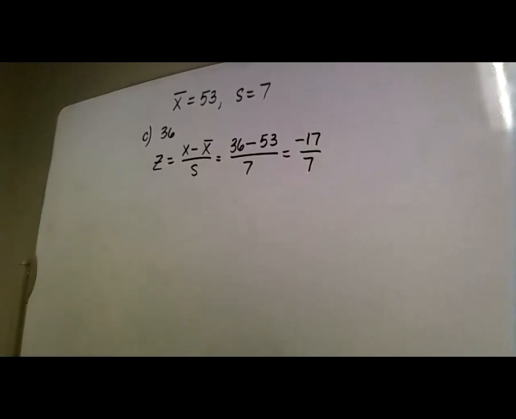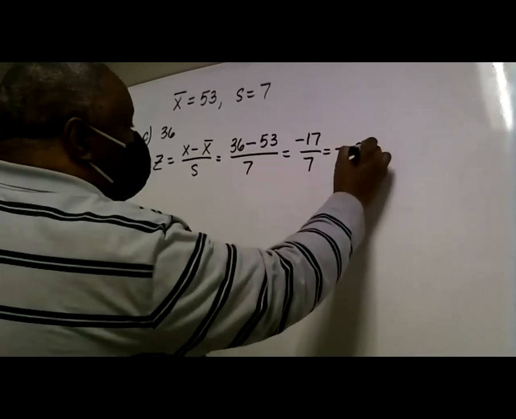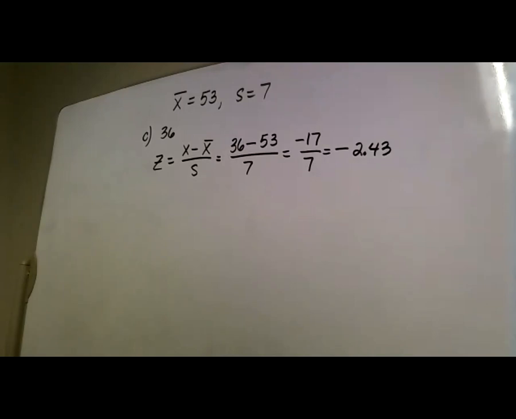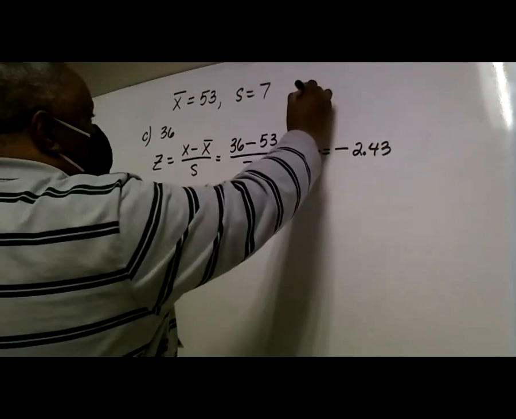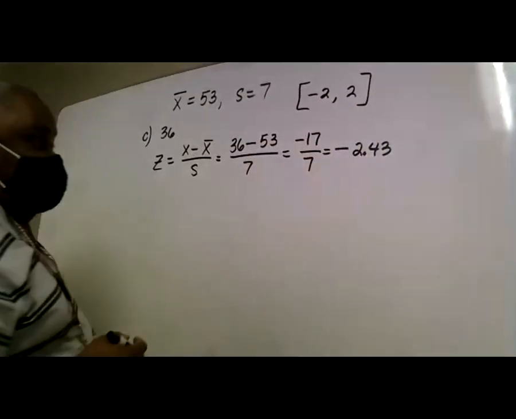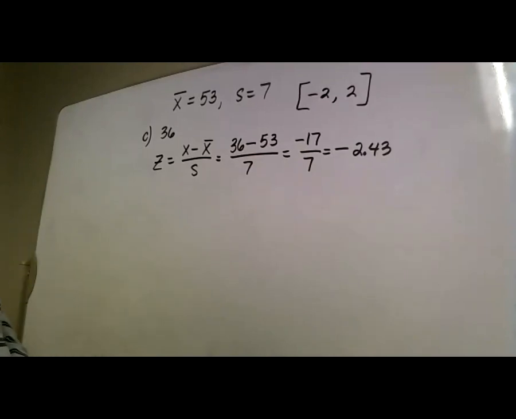Negative 17 divided by 7 is negative 2.43. Based on the range of usual values from negative 2 to 2, is negative 2.43 usual or unusual?